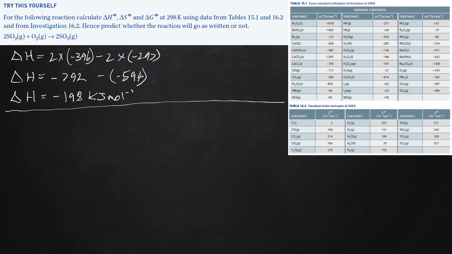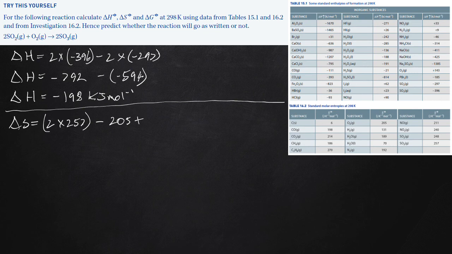So again, we do the sum of the entropies of our products minus the sum of the entropies of our reactants. So we're going to have a delta S. It's going to be equal to 2 times, and then we're looking at SO3 here, 2 times 257 minus, and we will do entropy for our oxygen, so we've got minus 205.